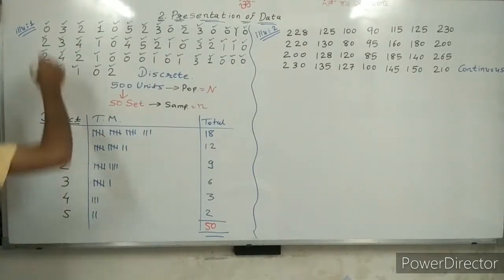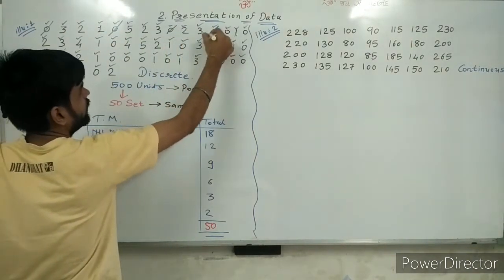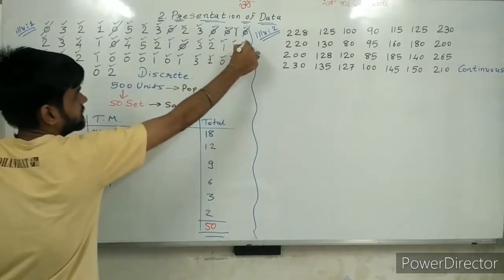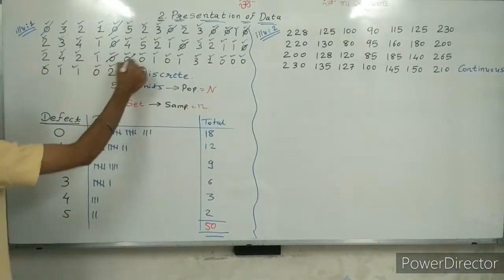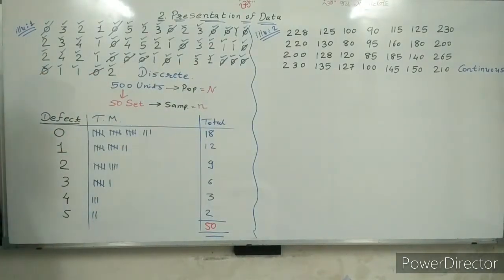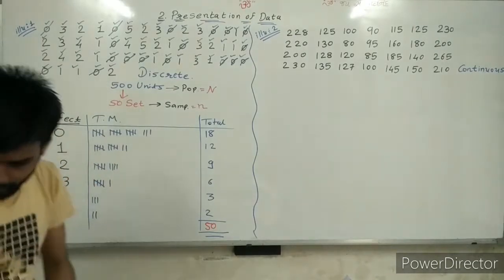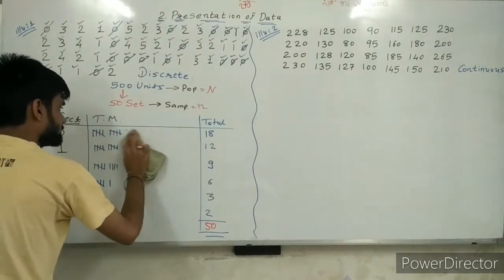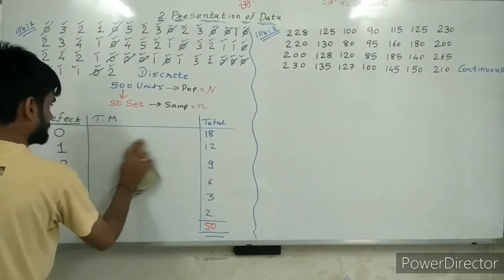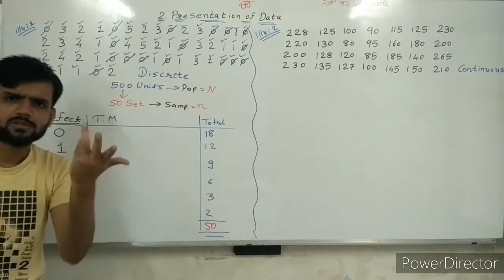Just count it. 1, cancel. 2, 3, 4, 5, 6, 7, 8, 9, 10, 11, 12, 13, 14, 15, 16, 17, 18. Sir, 18 zeros cancelled. Against 0, write 18. Simple.